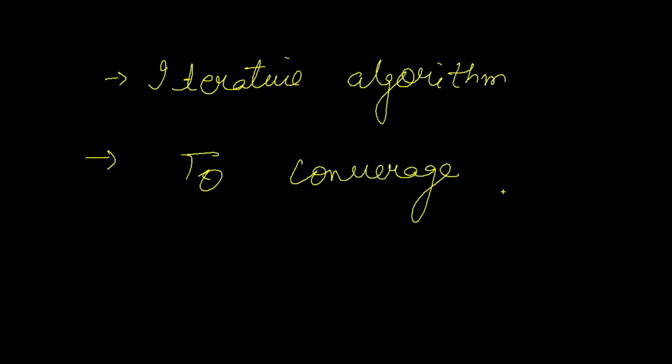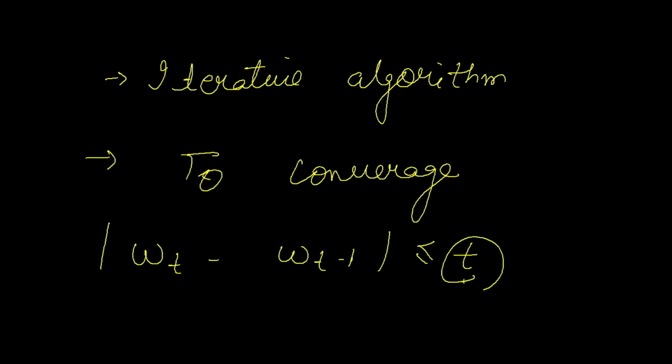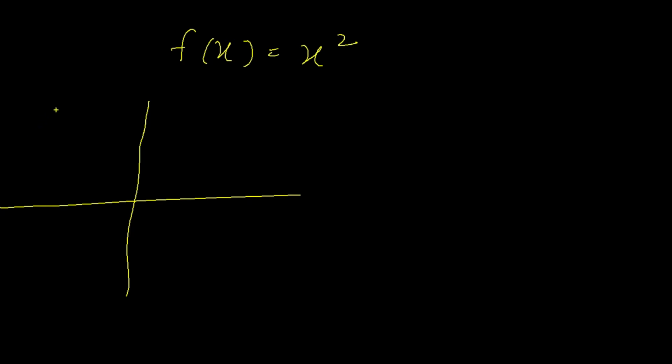We have also studied the convergence condition, that is the difference of w t minus w t minus 1 should be lesser than a threshold. We will define this threshold as per the requirements. Now let's take f of x to be a simple function, that is the square function. So if we plot this function, it looks somewhat like this.